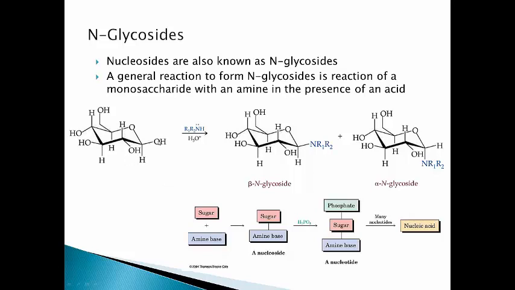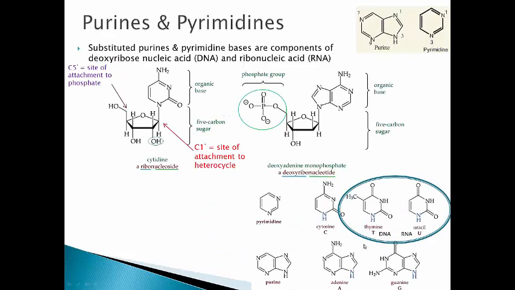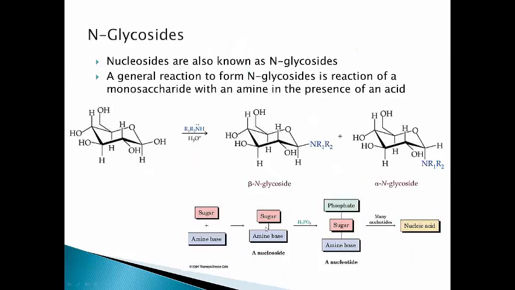So how do we make nucleic acid? We start off with a sugar. We then have an amine base, so one of our bases, one of these guys here. They react together under acidic conditions, and we get our glycoside, or our nucleoside, sorry.